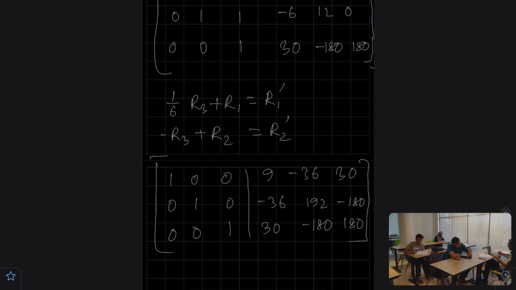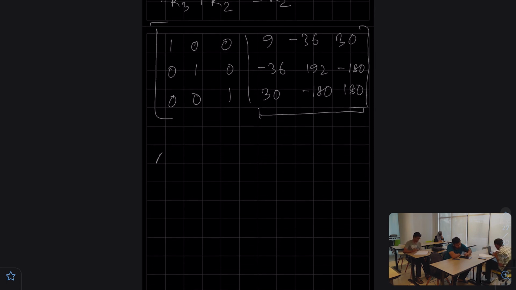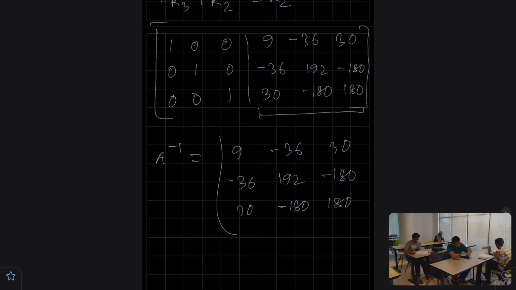So the A inverse is this part: 9, minus 36, 30; minus 36, 192, minus 180; 30, minus 180, 180. This is the inverse, and you can check that this is correct.